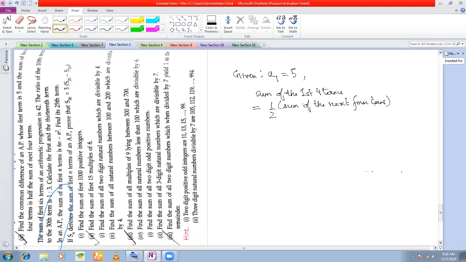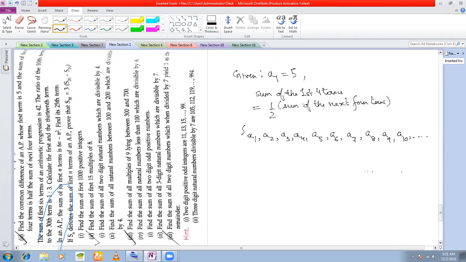Now, what do you mean by the next 4 terms? Here comes the main thing. Say you have an AP, these are the terms, and so on.